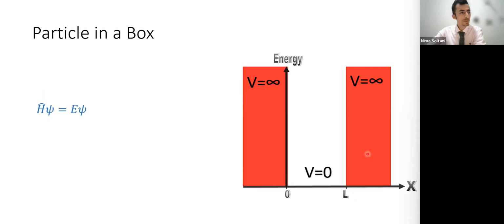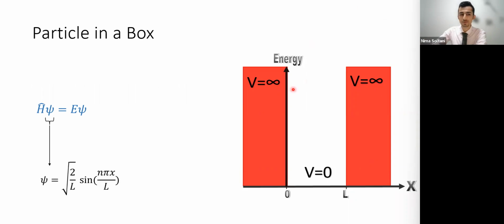If you write down the Schrodinger equation here, and I'm not going to go into the details, you will understand that we have a wave function, which is a sine function for this system, and an energy, which depends on n, a quantum number, and also the mass of the particle and the length of the box.